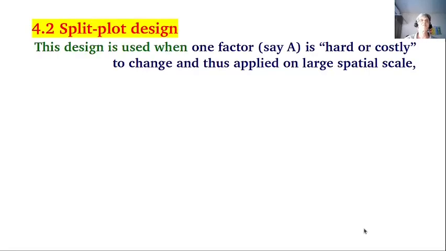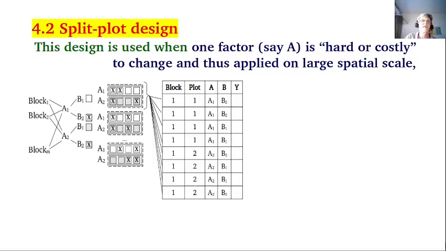The split plot design is a design used whenever there is one factor, let's say A, that is too hard or too costly to change, and thus is applied on a large spatial scale. For instance, here I'm going to define also blocks. This is optional.